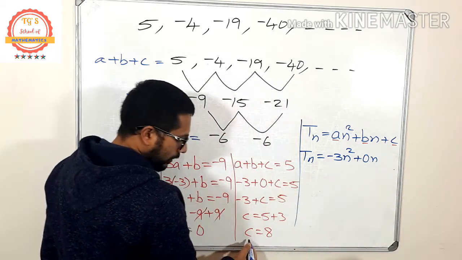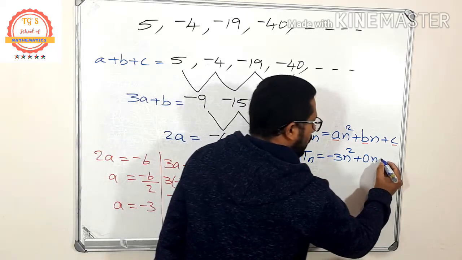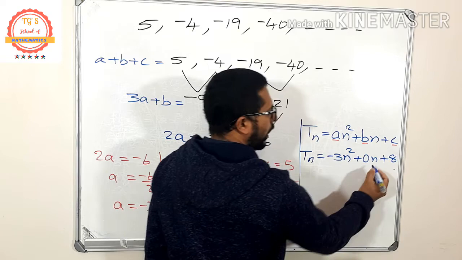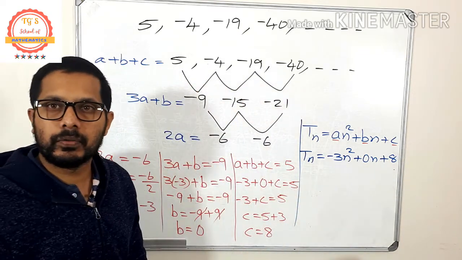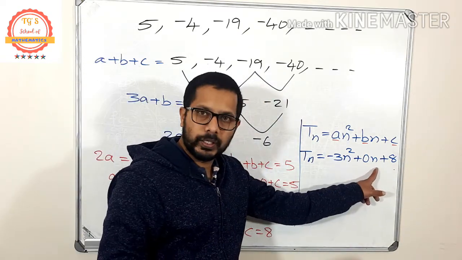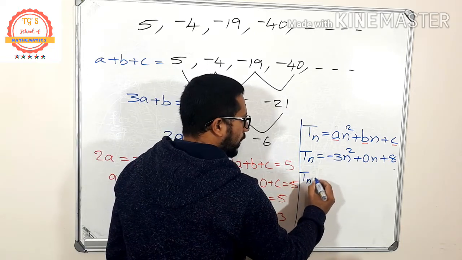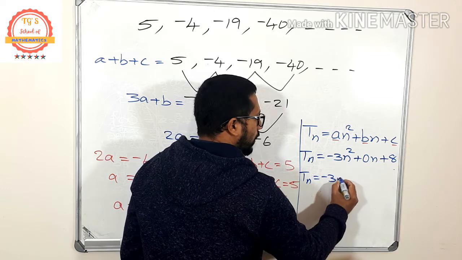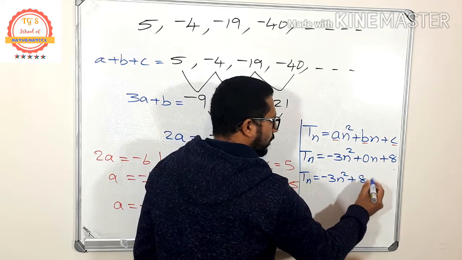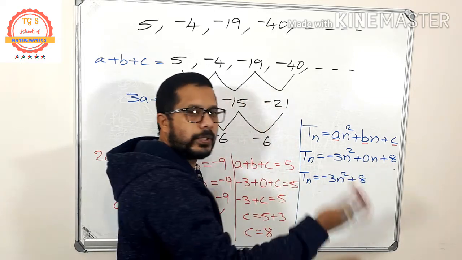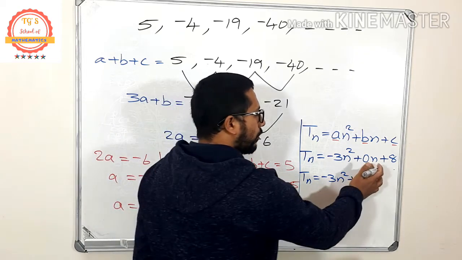Then what is c? c is equal to 8, plus 8. 0 times any number is 0 itself. So there is no need to write 0n. Am I right? So what is our final answer? Tn is equal to minus 3n square plus 8. We avoid this 0, and 0 times any number is 0. So there is no need to write this one.